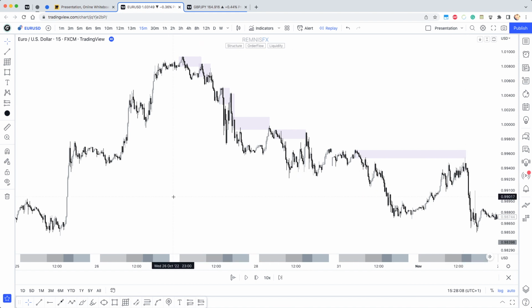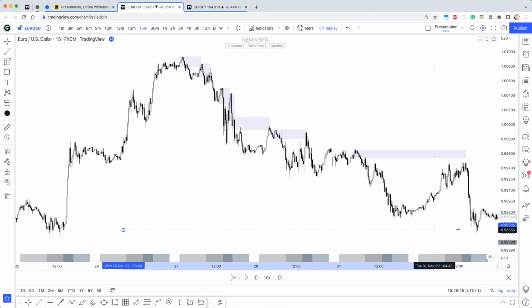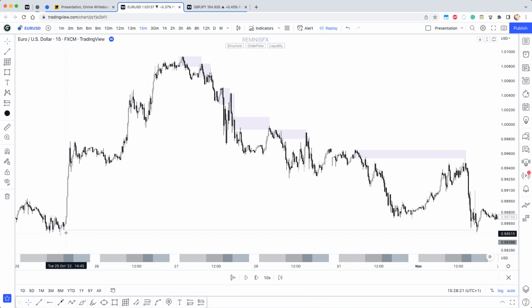And if you would have marked this as your target, and as you can see, the equal lows sitting just above a possible entry point to look for longs, because look what price did here, right? But that's also another concept. Let's save that for another time.